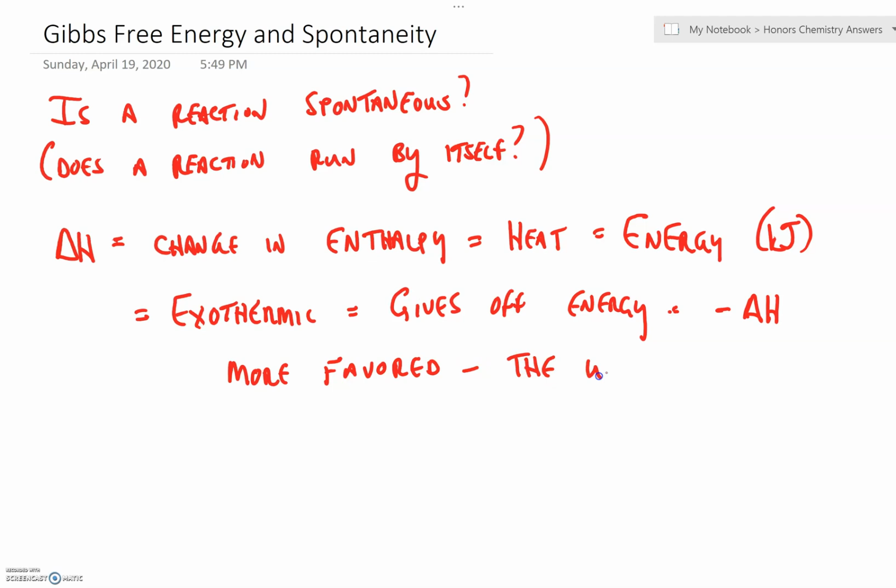So the universe isn't really into making reactions that require energy spontaneous.